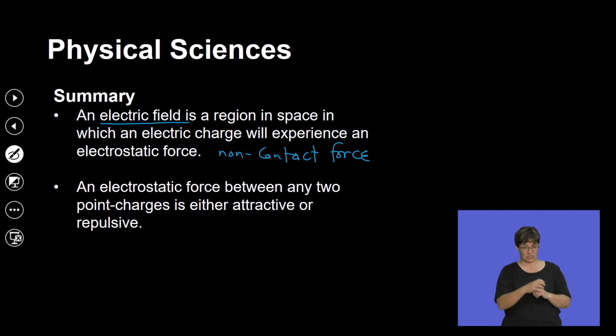And then the electrostatic force between any 2 point charges, be it the unit positive charge and the negative charge, or unit positive charge and another positive charge, is either attractive or repulsive, plain and simple, because we know from way back that like charges will repel each other while opposites attract.